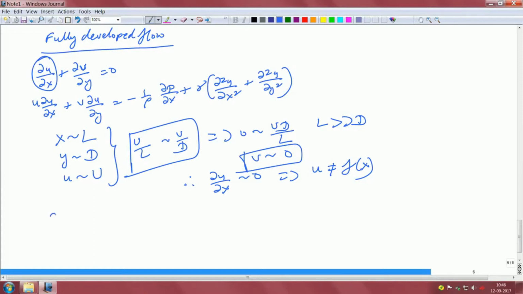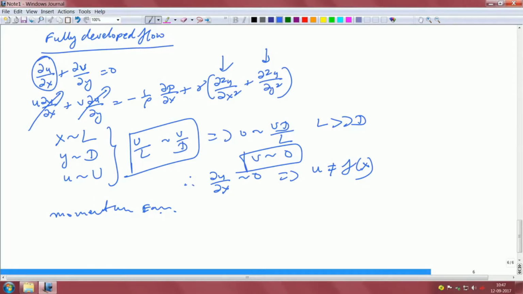So, the momentum equation then becomes very simple, right, because if you look at the momentum equation, the first term vanishes because u is not a function of x anymore, and the second term vanishes because v is equal to 0, right. Okay. And if you look at these two terms now in the momentum equation, that is del square u by dx square and d square u by dy square, of course, we know that x scales as L and y scales as d, L being much larger than d.